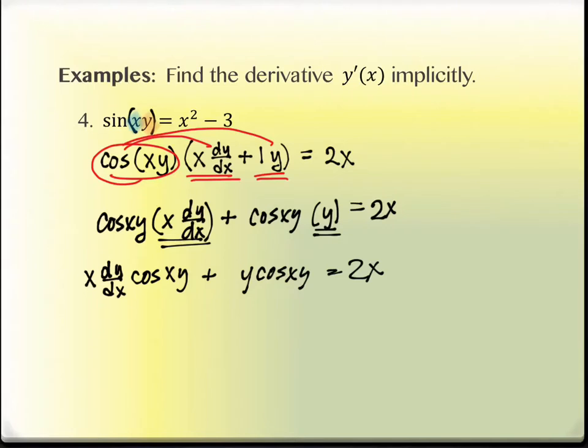All right, so my goal is to get the dy dx alone. So this piece, the y cosine xy, is going to shift with subtraction. So I have this first piece again rewritten, and it will equal 2x minus y cosine xy. What do I do now to get the dy dx alone?